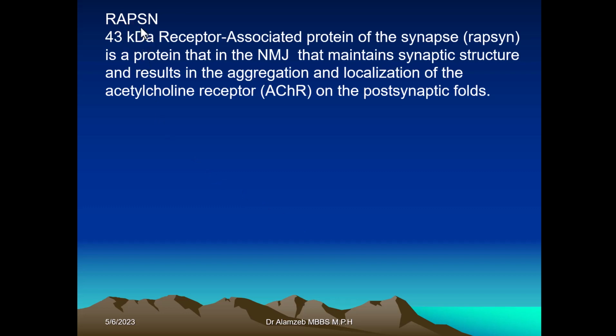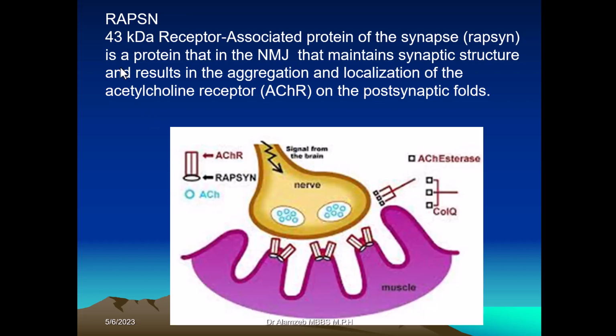RAPSN. This is a 43 kilodalton protein, R for receptor, A for associated protein of the synapse. It is a protein at the neuromuscular junction that maintains synaptic structure and results in the aggregation and localization of the acetylcholine receptor on the postsynaptic membrane.